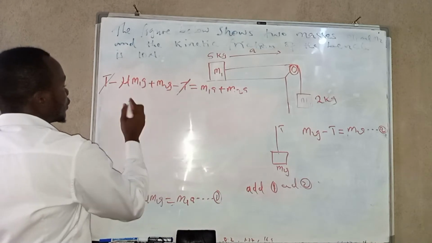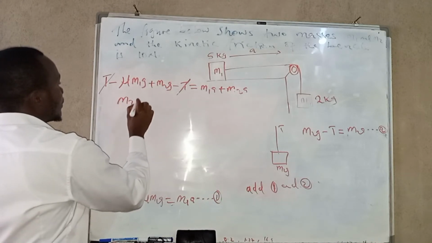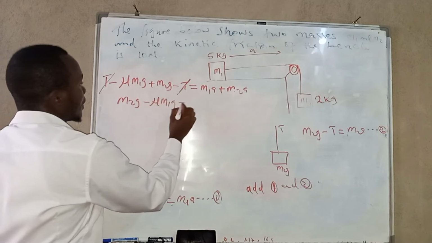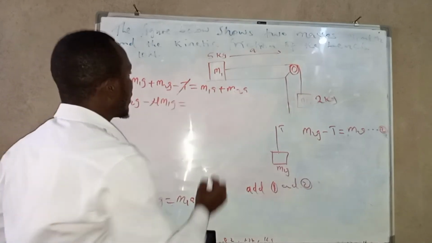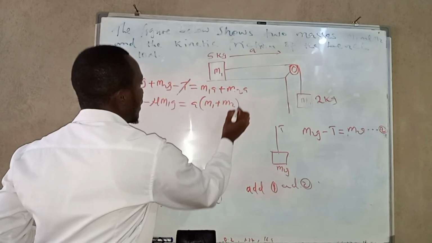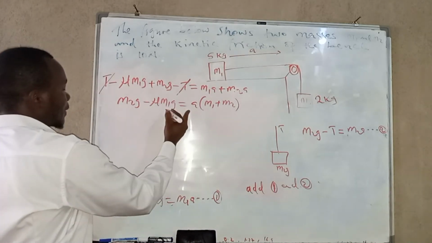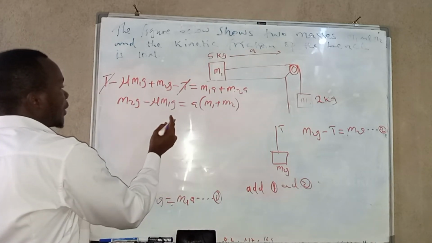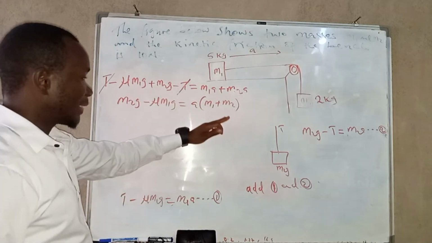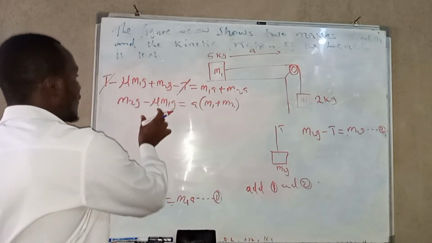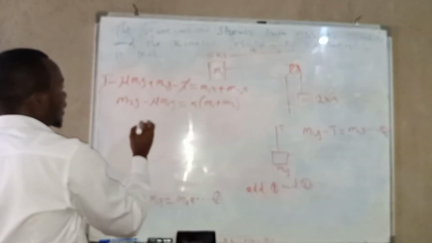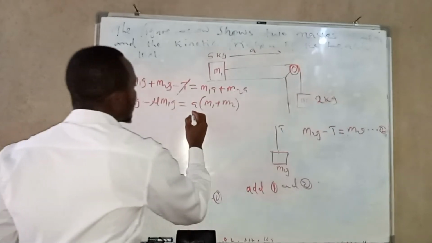And then we're going to have M2G minus mu M1G, which will give us A common, we can factor it out, M1 plus M2. We know that this is a friction force and it is given by 10. If we want, we can plug in the value we found for mu, 0.2, but we can also just put it like that, it's fine.